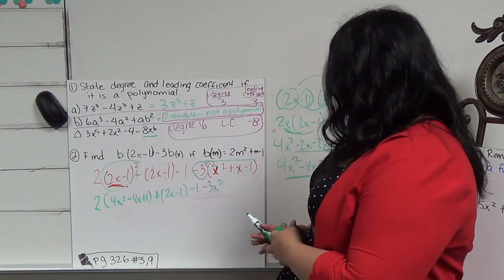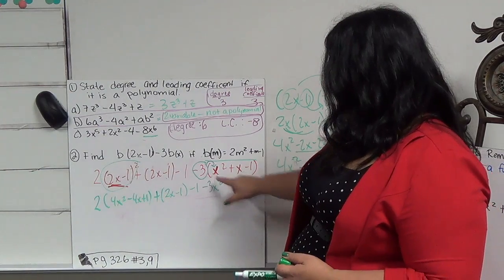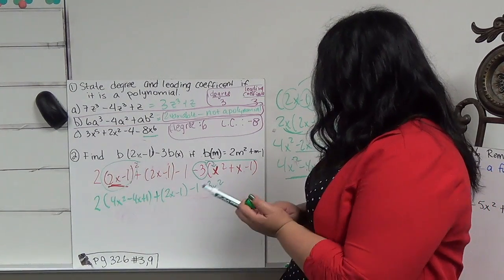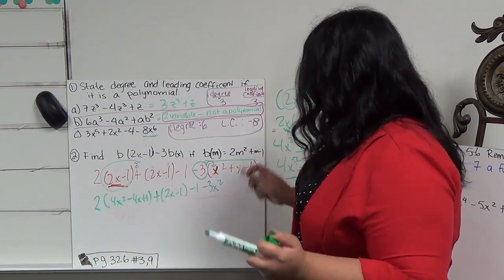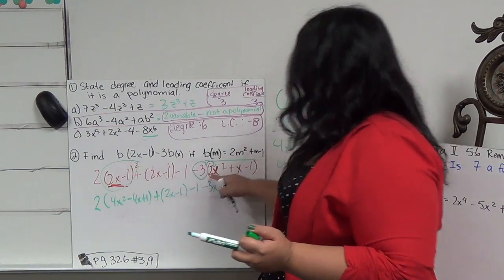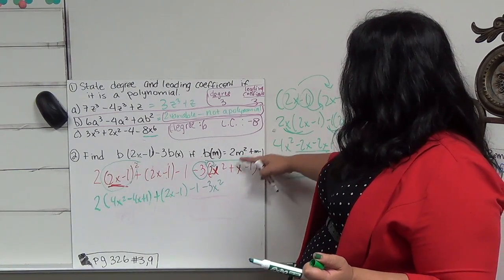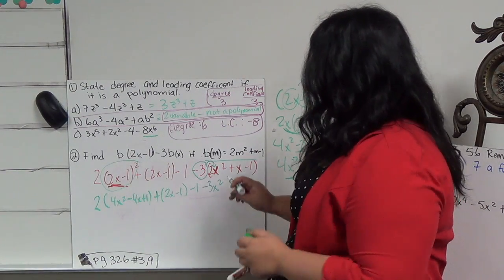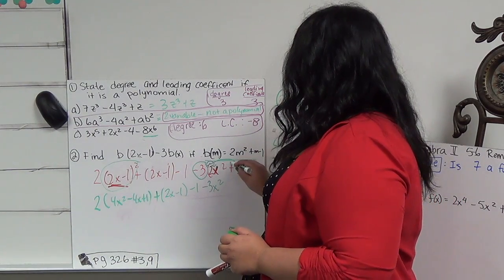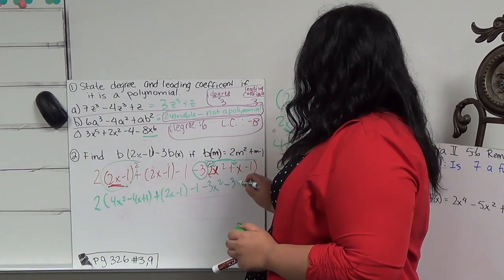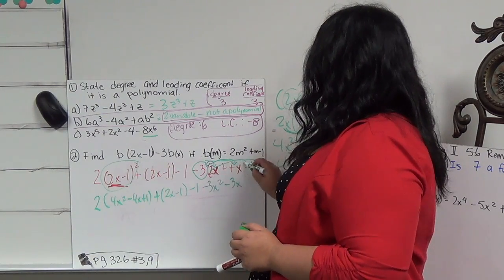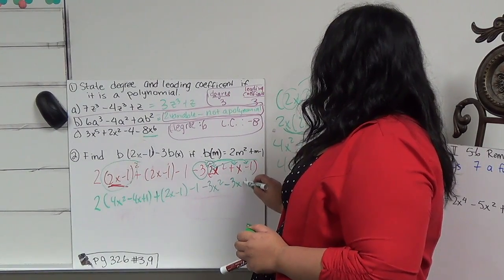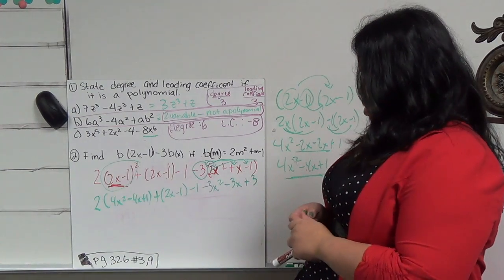Ooh, what happened here? This is supposed to be a 2. Right? Because this is supposed to be exactly the same here, except the m's are x's. So -3x squared minus 3x plus 3. Right?